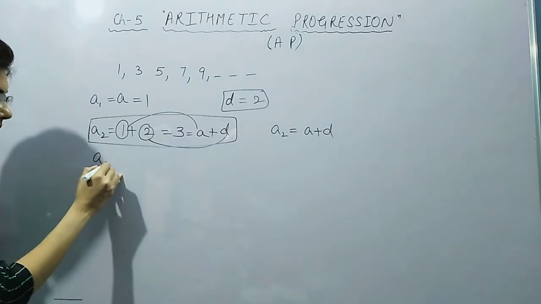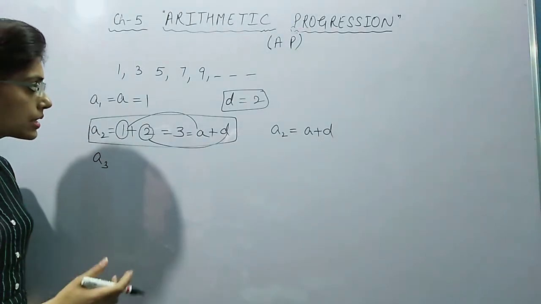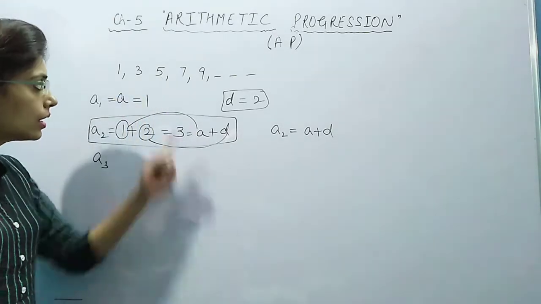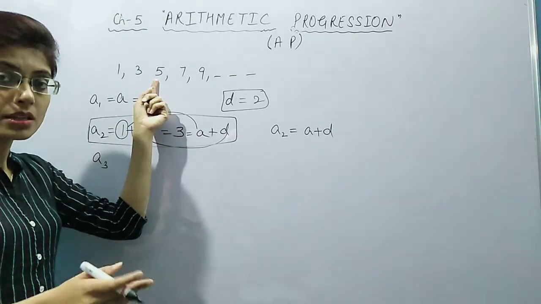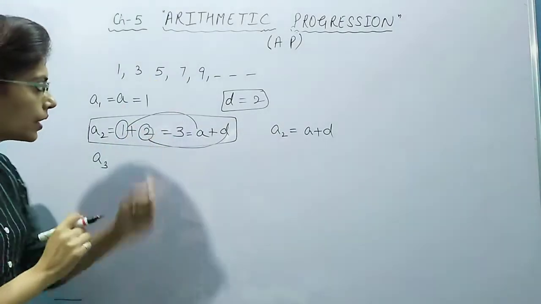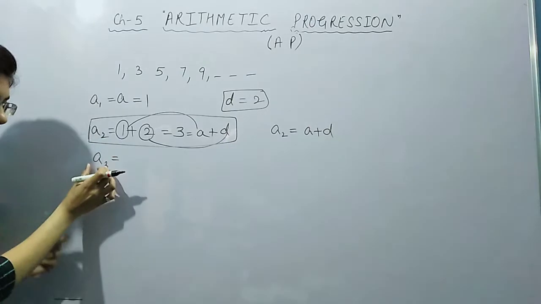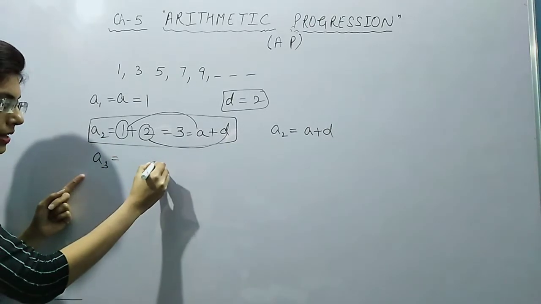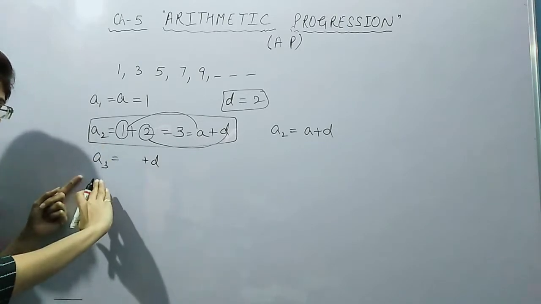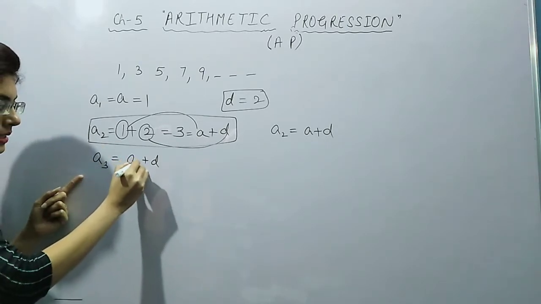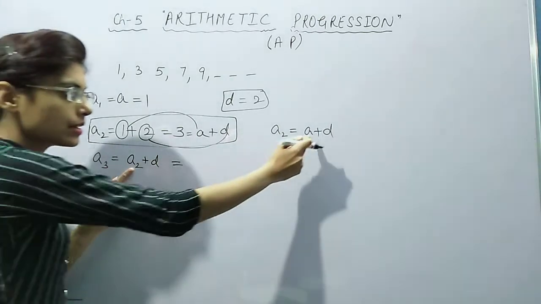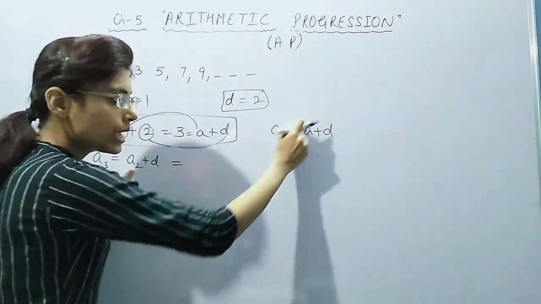Now the next term, that is the third term. Let us see carefully how it is obtained. The third term is obtained by adding the difference to the previous term. The previous term is the second term, and we have already seen the second term formula: a2 is equal to a plus d.